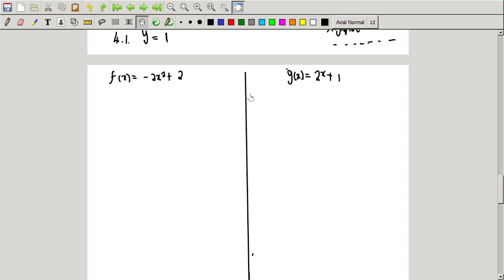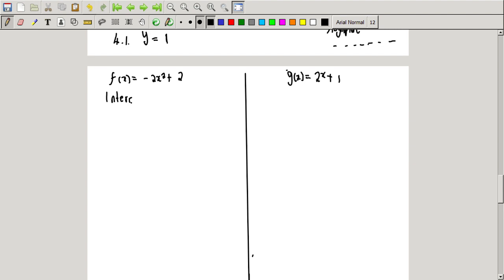Now we're first going to work on f of x, then after we're going to work on g of x. So they said we must get the intercepts. Since we are working with the XY plane, we're going to be concerned with the y-intercept and the x-intercept.